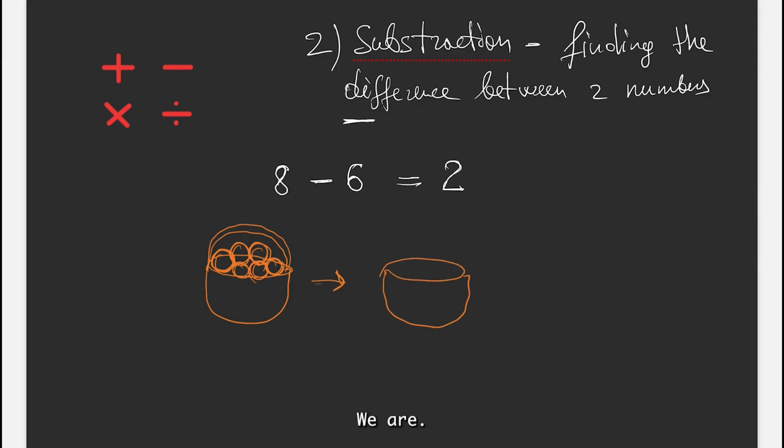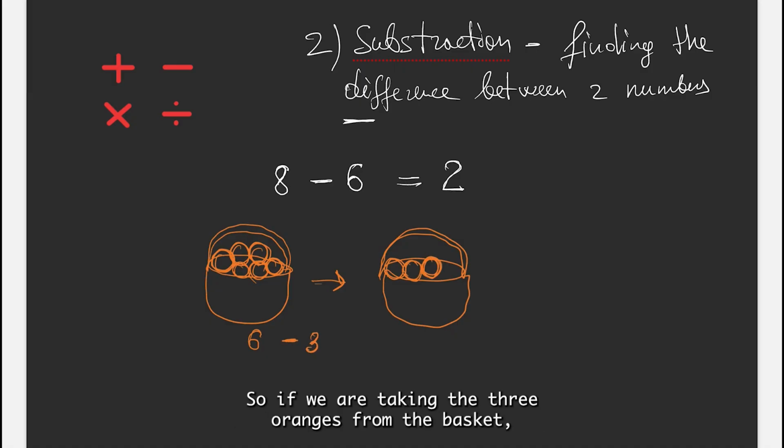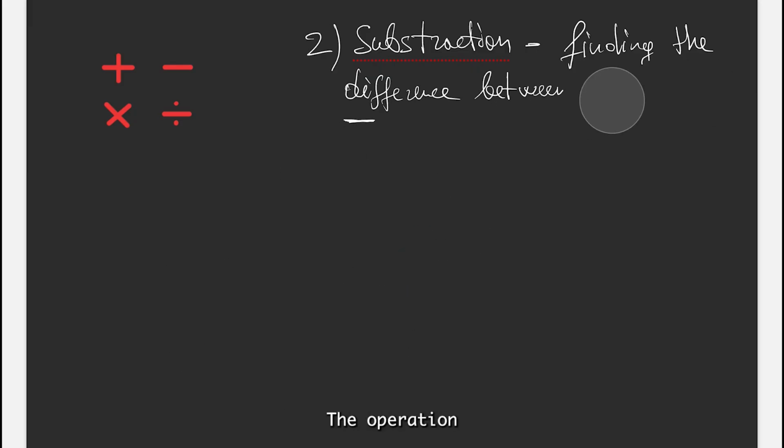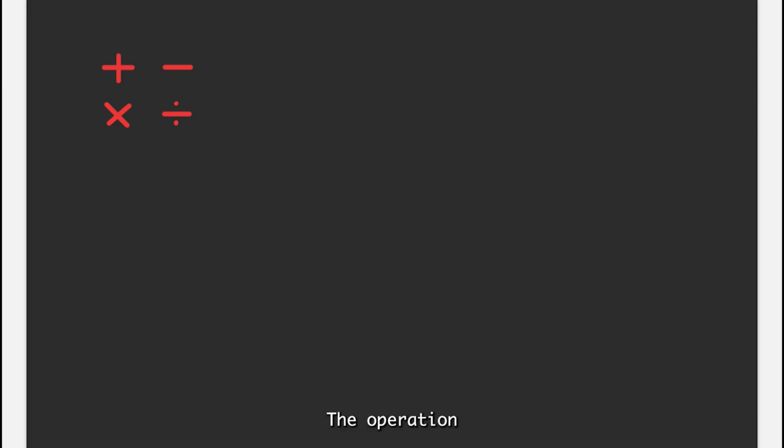We're having 6 here, and we are taking 3 to eat. So if we are taking the 3 oranges from the basket, we are left with 3 oranges. 1, 2, 3.